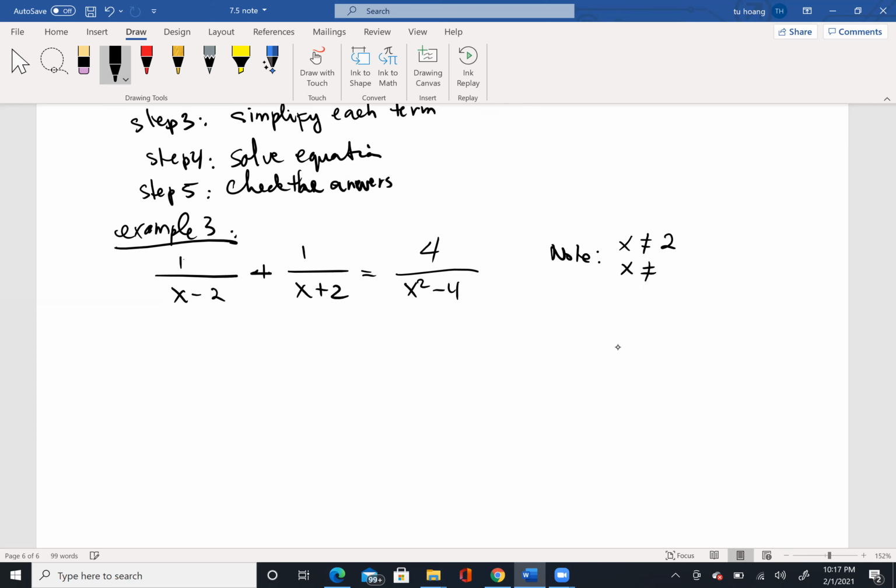The second gives x not equal to negative 2, and the third can be rewritten as x minus 2 times x plus 2, so again x not equal to 2 or negative 2.